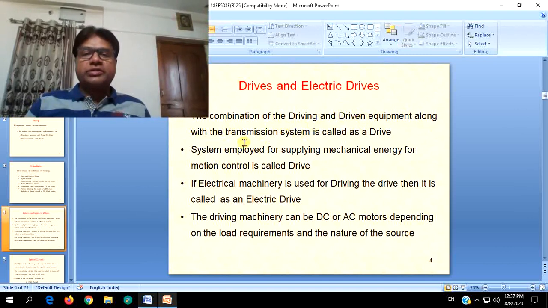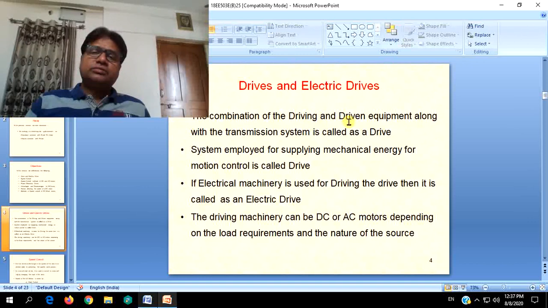What is this transmission system? It is the system which will connect this driving equipment and the driven equipment in between. Nothing but your gears and pulleys and belts which will connect the driving and driven equipment.